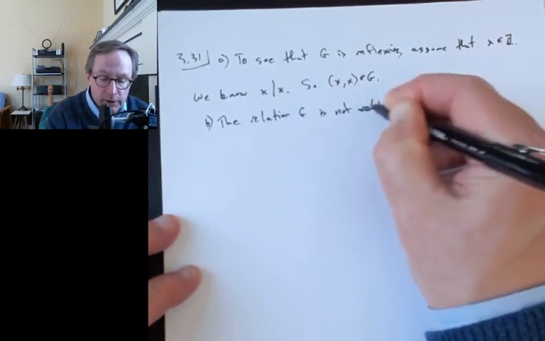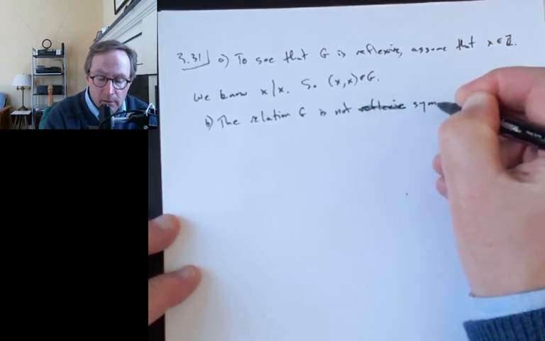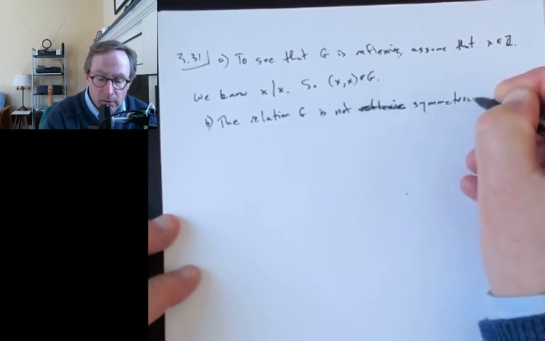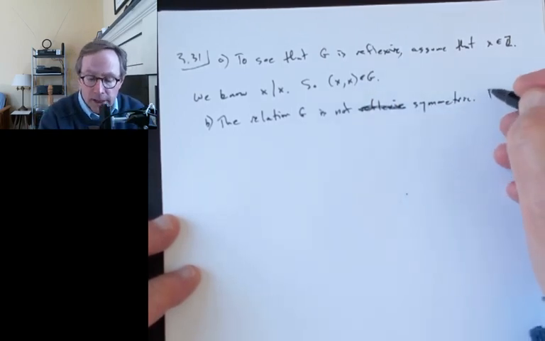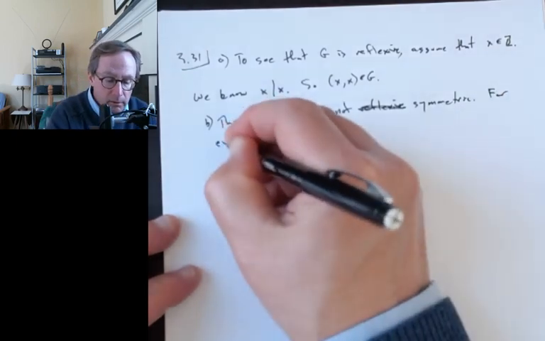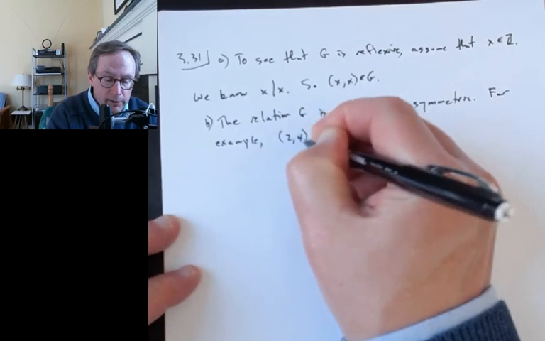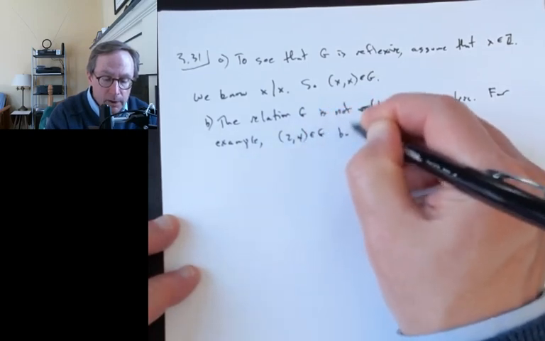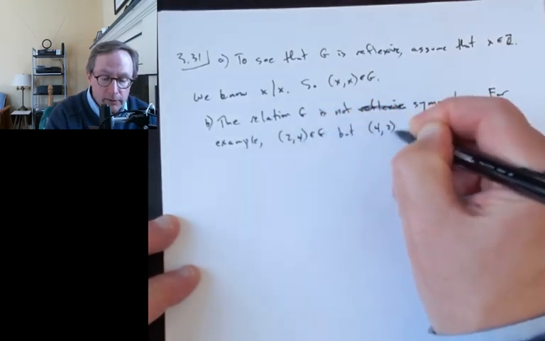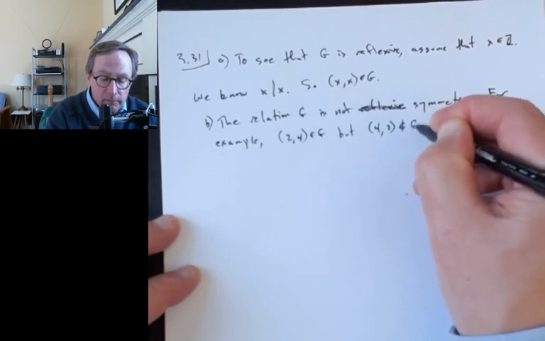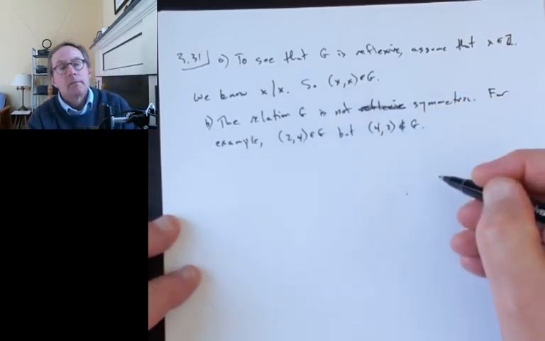Oh, I'm sorry, forgive me. Symmetric. For example, 2 comma 4 is an element of G, but 4 comma 2 is not an element of G.